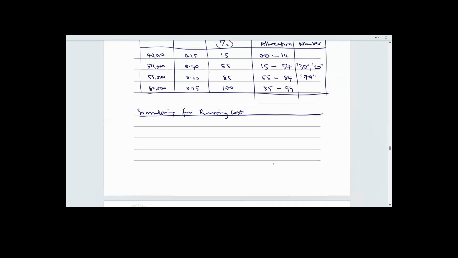I'll pick the running costs, probability, cumulative, or probability in percentage. I'll pick random allocation, then I'll pick random number.